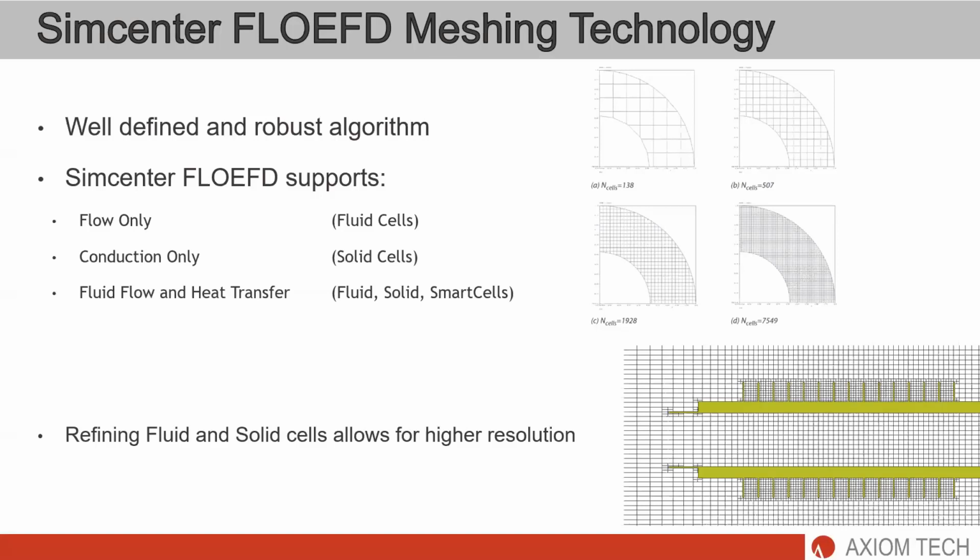There are three types of grid cell: fluid cell, solid cell, and smart cell for the various regions in the model. The higher mesh resolution is achieved by octree meshing, which allows grid cells to split into 8 smaller grid cells, and this can happen up to a maximum of 9 times.